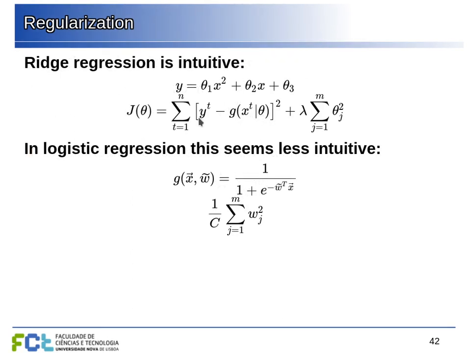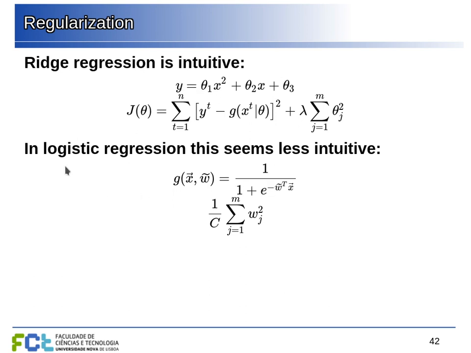Now, with ridge regression, which was the regularization used in linear regression with a quadratic error, this was intuitive because if we keep the parameters of our linear regression small, everything, even the curves that we obtain if we do those expansions, or if you imagine the hyperplane in higher dimension, will be much stiffer because we are trying to keep everything with a small value here.